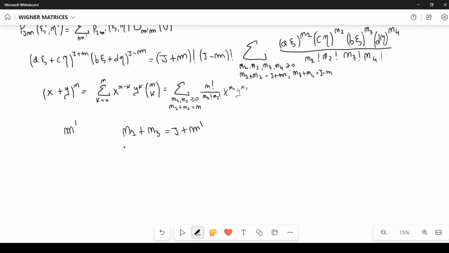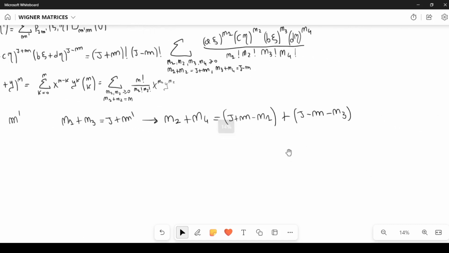And so if this is true, and you can take this as a definition of m prime in terms of n1 and n3. By taking this for granted, we also have another way of writing n2 plus n4, because n2 can be written, for example, from here as j plus m minus n1, plus n4, which we can rewrite from here as j minus m minus n3.